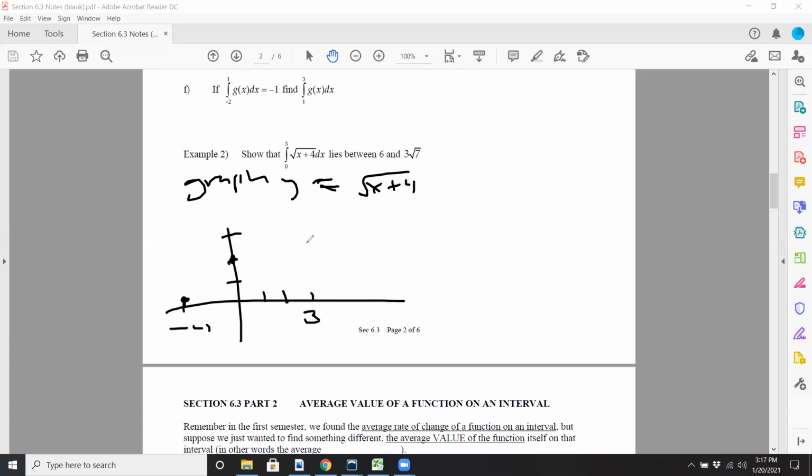Root 7 is between 2 and 3. So my curve looks like this. But I'm really only interested from 0 to 3. So let me just graph that portion, because that's what my integral is like.